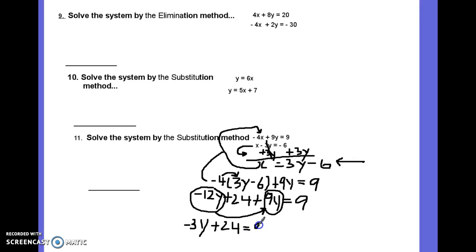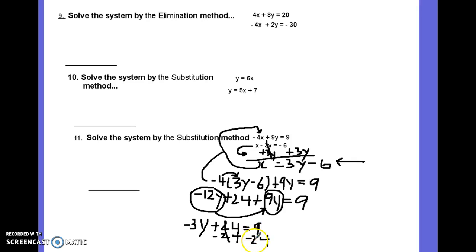Couple steps, and I'll have my y. What should I do next? I want the y term to be by itself, so I'm going to do what? Subtract 24. Positive 24, negative 24 destroy each other. That goes to 0.